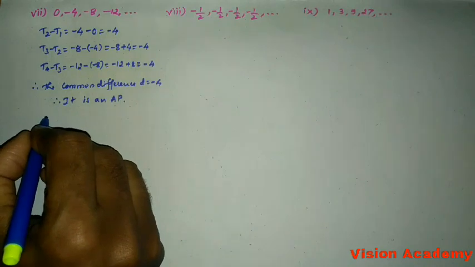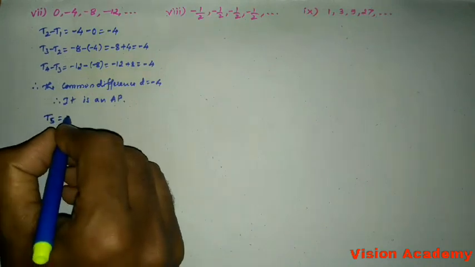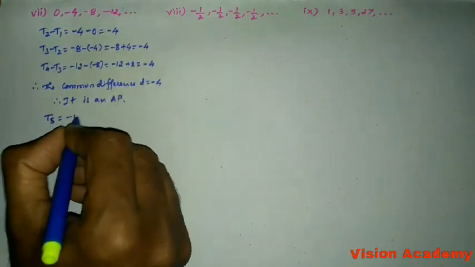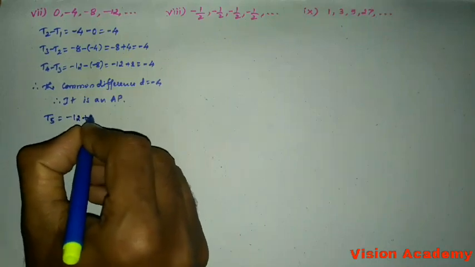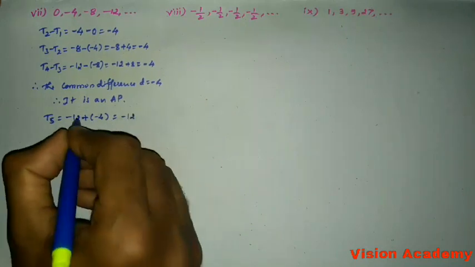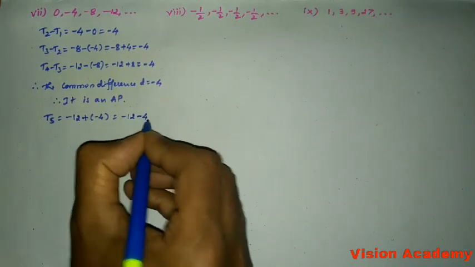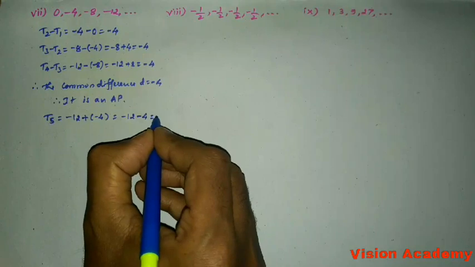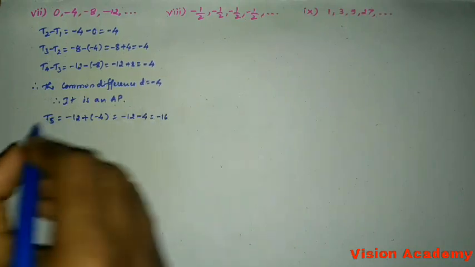So here we will write T5 is equal to minus 12 plus minus 4, which is equal to minus 12 plus into minus is minus 4, which is equal to minus 16.